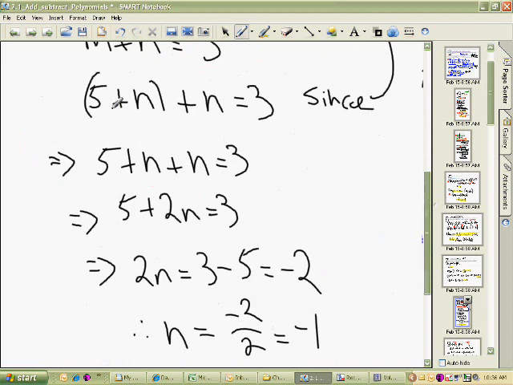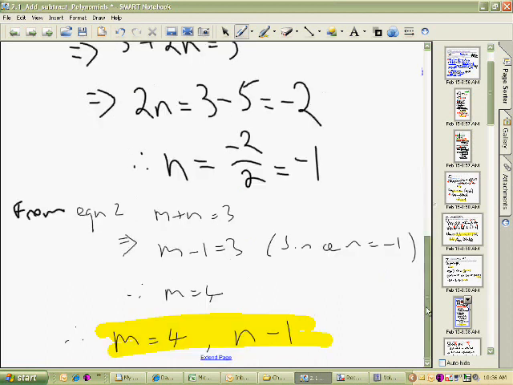Now we can solve it because we only have n's. So we end up with 5 plus 2n equals 3. Juggle it round, minus 5 over the other side, gives us 2n is equal to minus 2, so n is equal to minus 1.